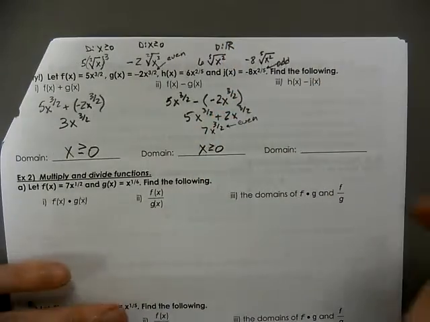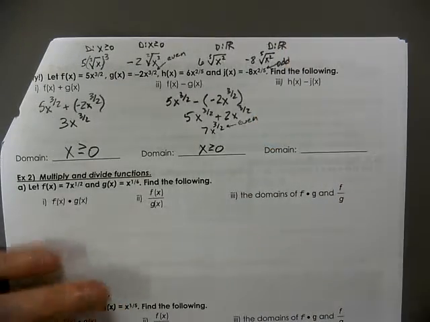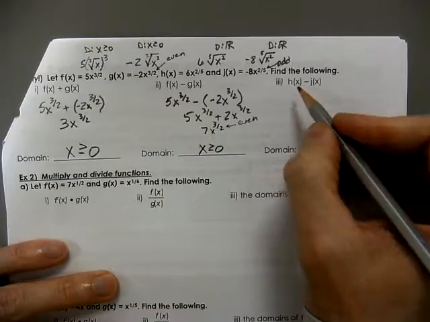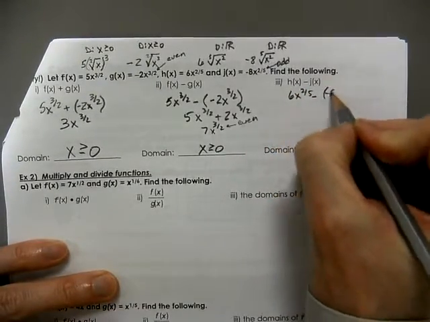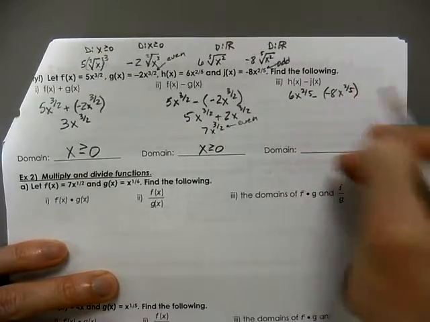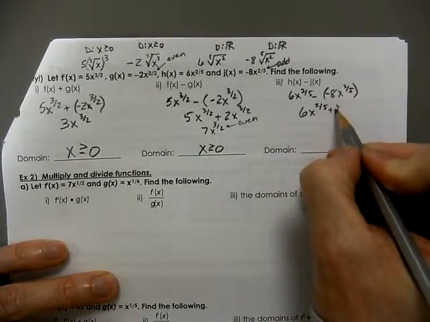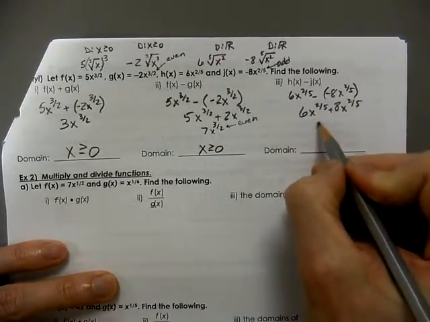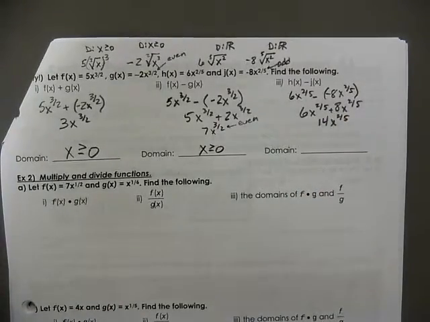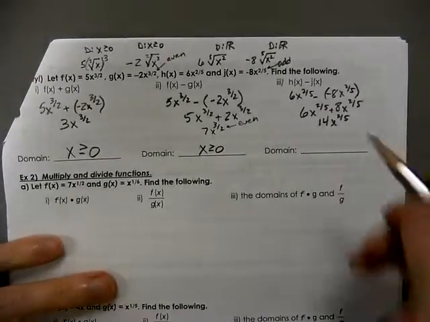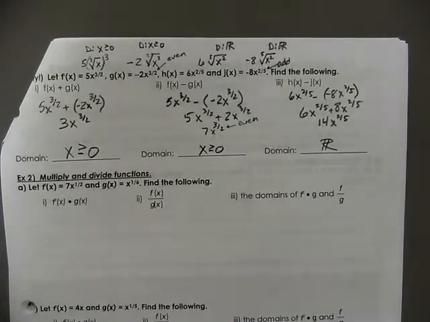Because you can plug in positive numbers, you can plug in negative numbers. So your h of x, 6x to the 2/5, minus negative 8x to the 2/5. Because the exponents are exactly the same, we're allowed to add these together to get 14x to the 2/5. Same variable, same exponent. We can add those together. And our domain would be all real numbers.